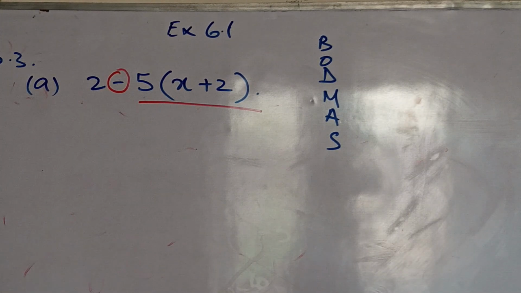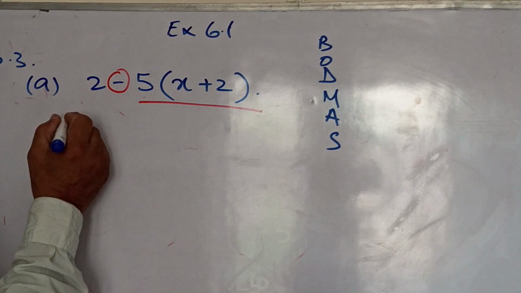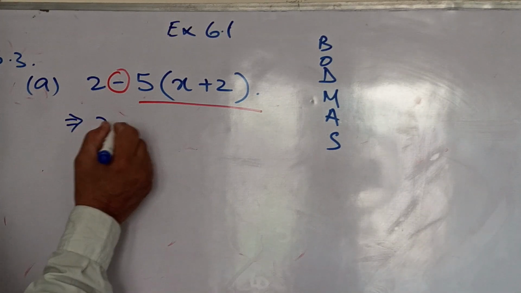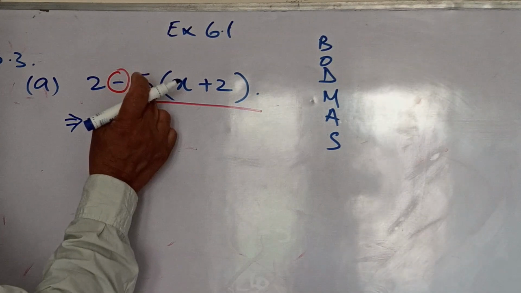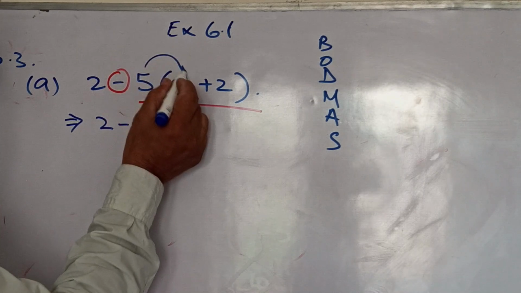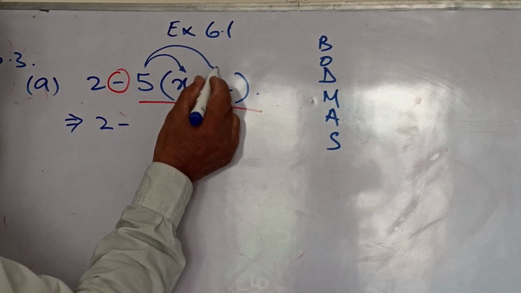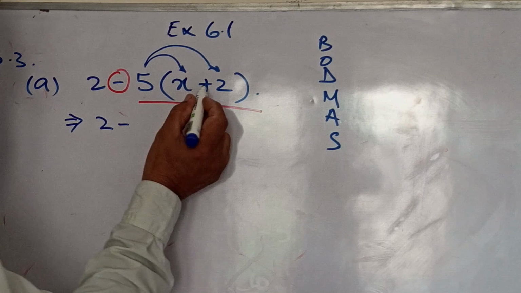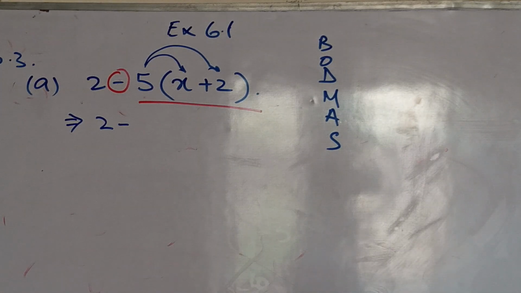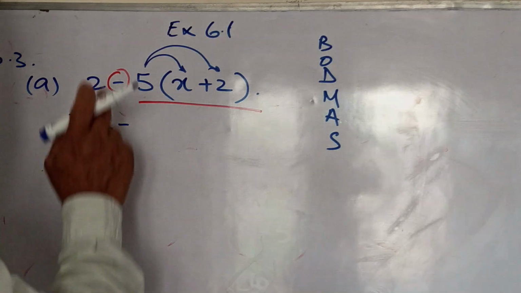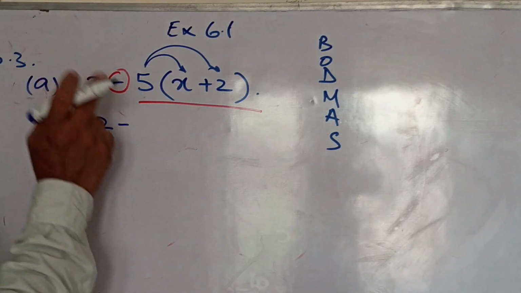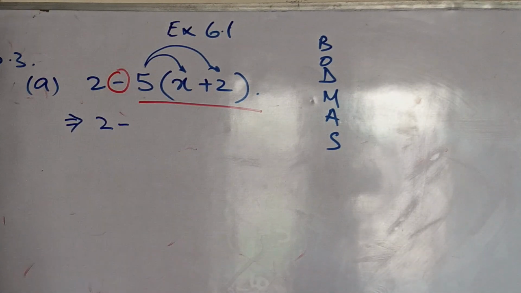So let us continue it like this: 2 minus, now this 5 will multiply with this also and with this also, and we will keep in view the multiplication of signs as well. Now the minus sign is being multiplied with this plus sign.